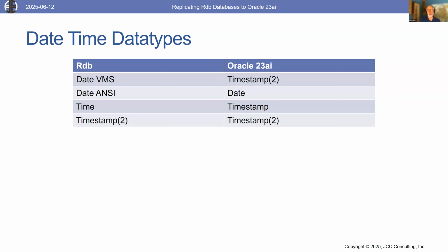Date-time data types are something that you have to look at carefully. An RDB date VMS corresponds to an Oracle 23ai timestamp2, and so on.